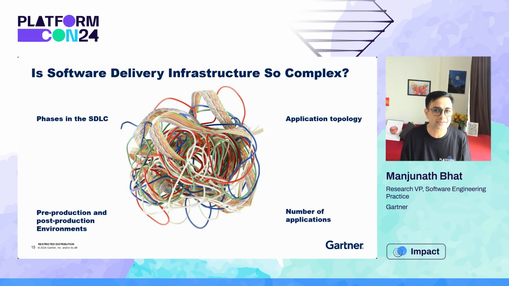Is software delivery infrastructure so complex? And yes, it is. And to maybe oversimplify it is not helpful. So if you think about what makes software delivery infrastructure so complex, I've tried to distill it into these four dimensions, like you see here, right? One is, for instance, think of software delivery infrastructure as supporting multiple phases in the SDLC.